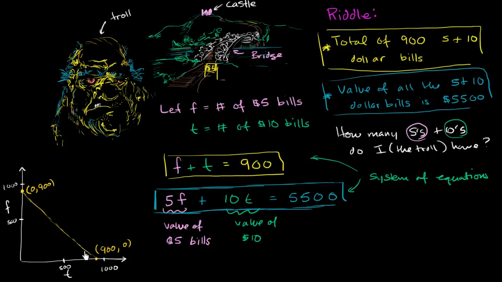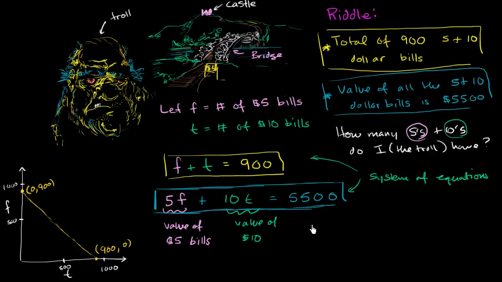Obviously, there's a bunch of them, so we don't know which is the one that is actually what the troll has. But lucky for us, we have a second constraint, this one right over here. So let's do the same thing. In this constraint, what happens if we have no 10s? If 10s are 0, then we have 5f is equal to 5,500. Let me do a little table here because this is a little bit more involved.